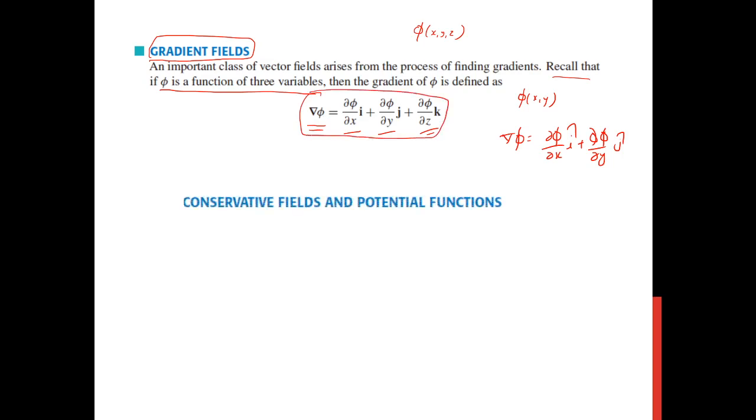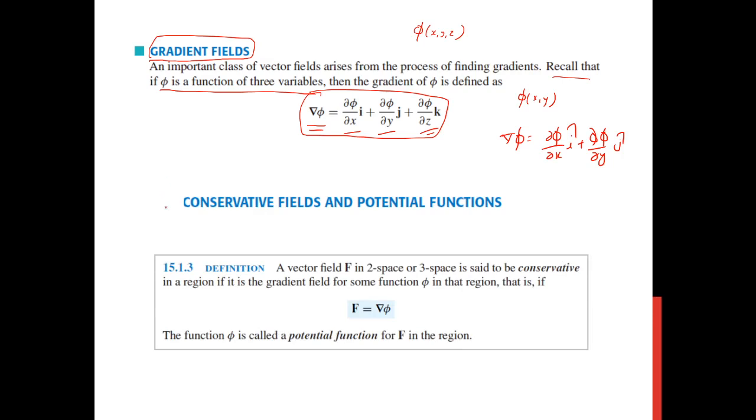Now I define what conservative fields and a potential function are. A vector field in two space or three space is said to be conservative in a region if it is the gradient of some function phi in that region.